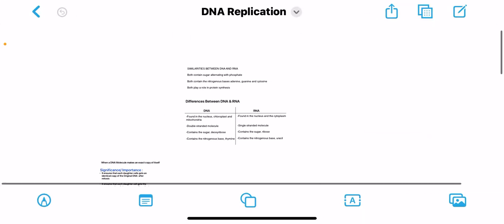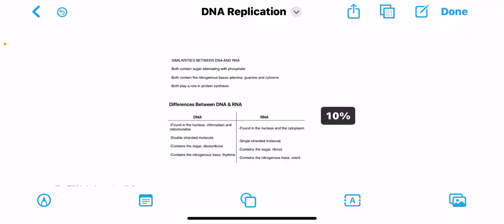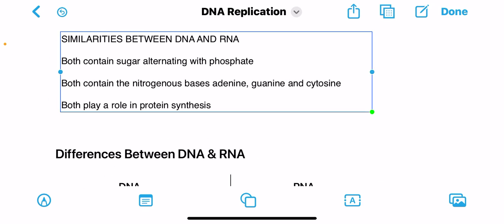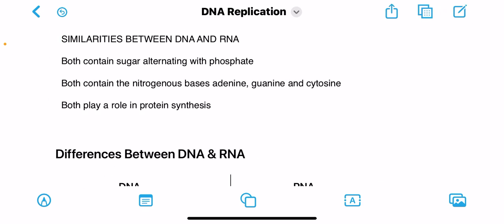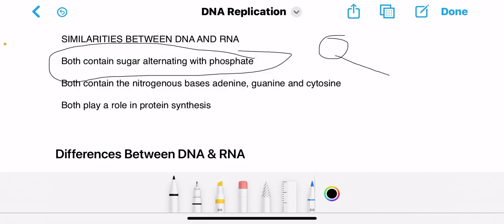But before we go to DNA replication, I want us first to understand the similarities between DNA and RNA. Both DNA and RNA contain sugar alternating with phosphate. Remember the nucleotide structure.